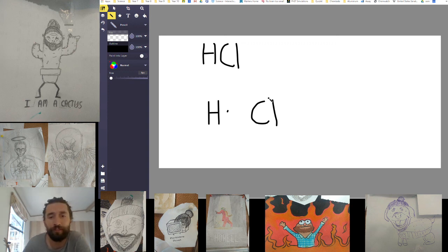So it's got 2 in its first shell, 8 in its second shell, and then 7 in the valence shell. And 1 there. Chlorine needs 1 to get a full shell, hydrogen needs 1 to get a full shell. So they're going to share these 2 electrons and they form a bond, like that. So HCl is going to look like 1, 2, 3, 4, 5, 6, 7, 8 around the chlorine and 2 around the hydrogen.